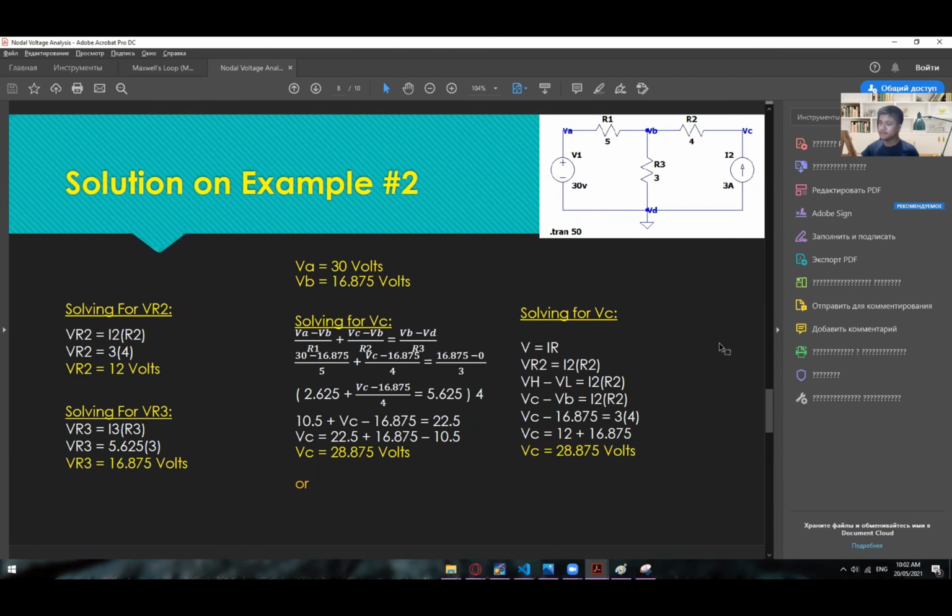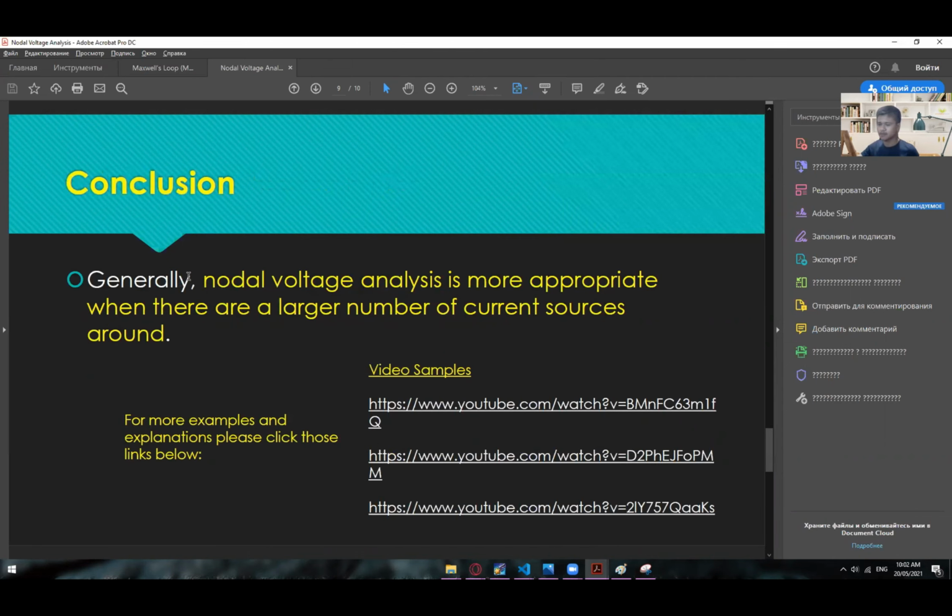So that's it for this example, and here's just a conclusion. Generally, nodal voltage analysis is more appropriate when there are a larger number of current sources around. If we have purely voltage sources, then you can use superposition theorem. But if there are more current sources, then nodal voltage is much more preferred when it comes to solving for the unknowns.